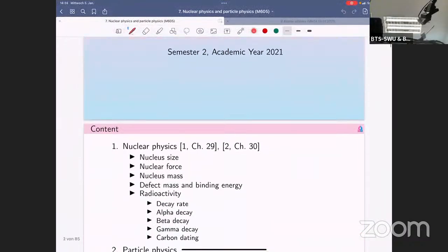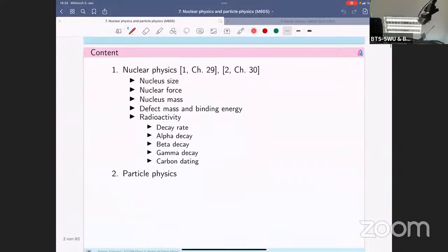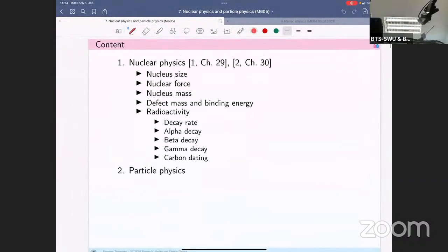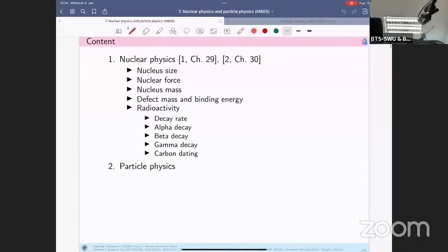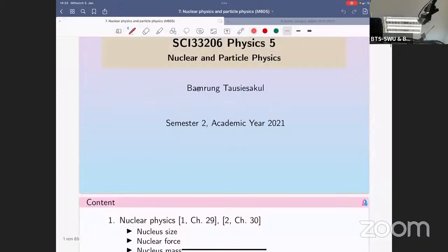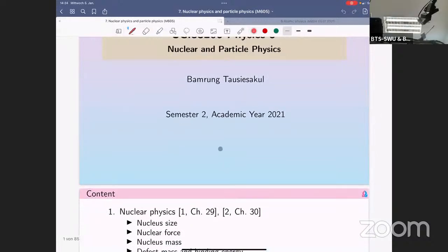In this chapter, we have several things to consider. The first one is, of course, that this chapter is nuclear physics and particle physics.